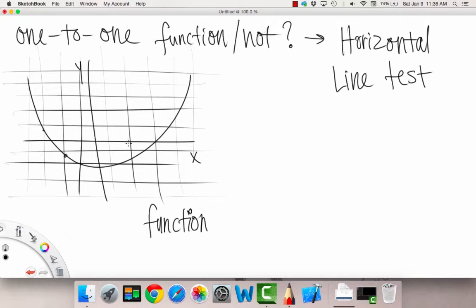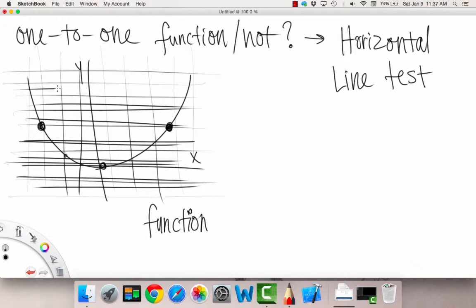Okay, and we see that with this graph, when we draw our horizontal lines, it crosses down here 0 times, but then here once, and then every horizontal line we draw above this point down here crosses at two points on our graph. So this is not one-to-one.